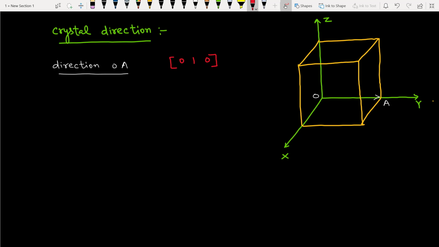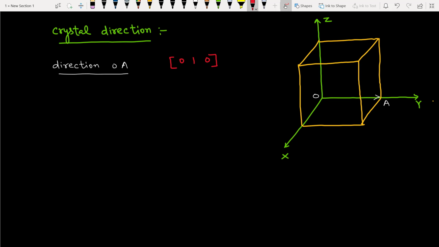The X coordinate on this line is 0, the Z coordinate is 0, and the Y coordinate is having a value. So in terms of unit, we designate it with 1. By multiplying any number with 1 we can get the length OA.